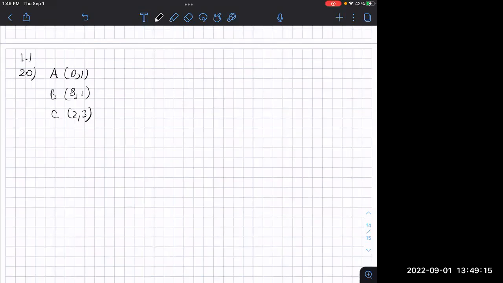So then we have a triangle with vertices A, B, and C. A is 0, 1, B is 8, 1, and C is 2, 3. So this is a triangle question.